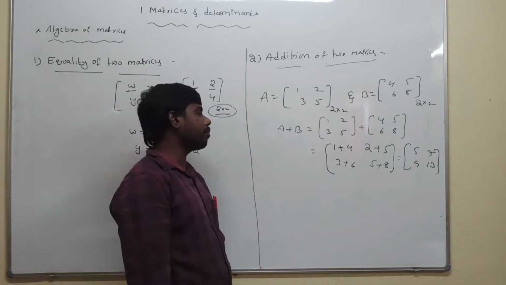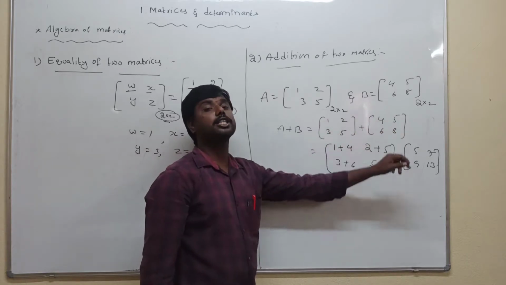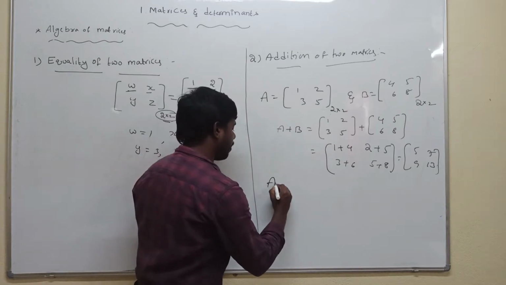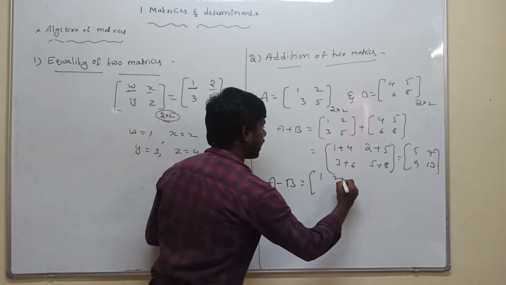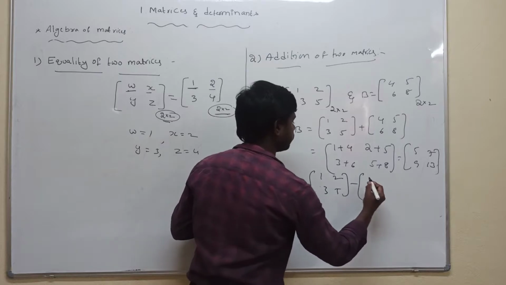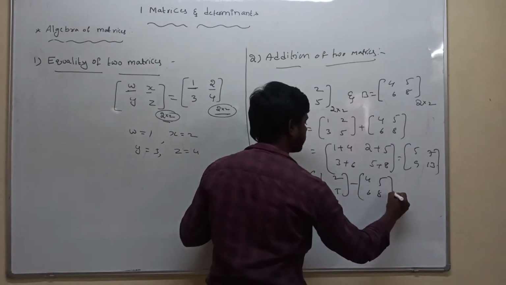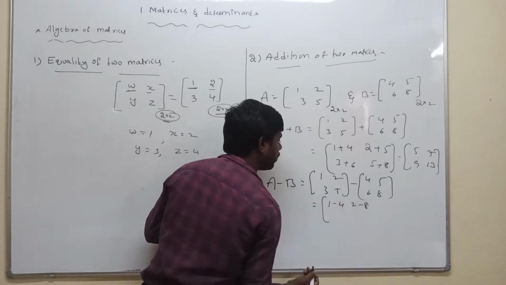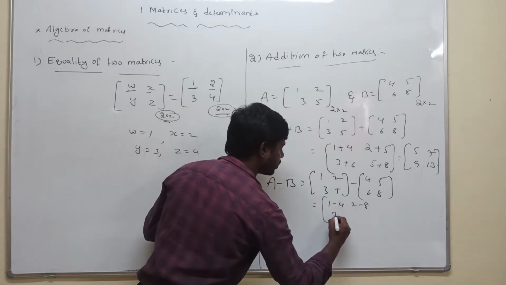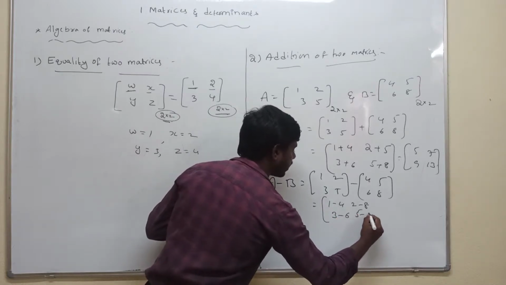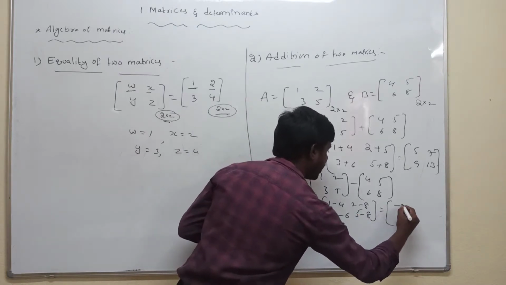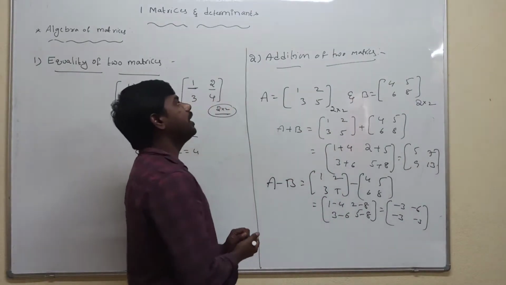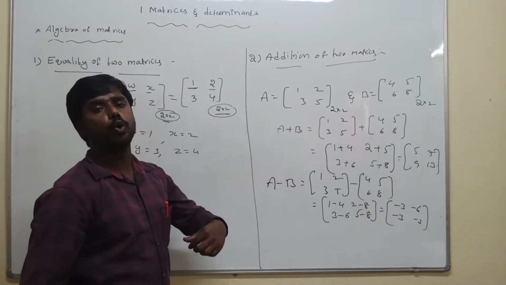Subtraction of two matrices is nothing but subtracting the corresponding elements in matrices A and B. So how to find A minus B: substitute matrix A and matrix B and subtract the corresponding elements, first element minus first element, second element minus second element, second row first element minus first element, second row second element minus second element, giving 3, 3, 3, 3. This is the condition for the subtraction of two matrices.